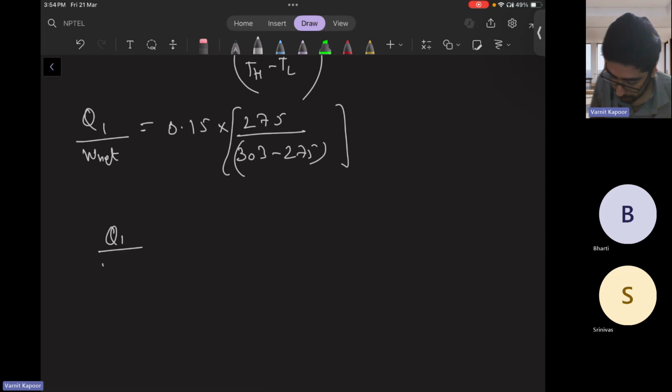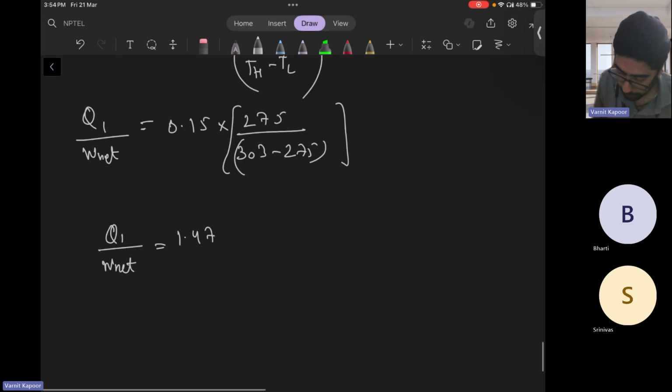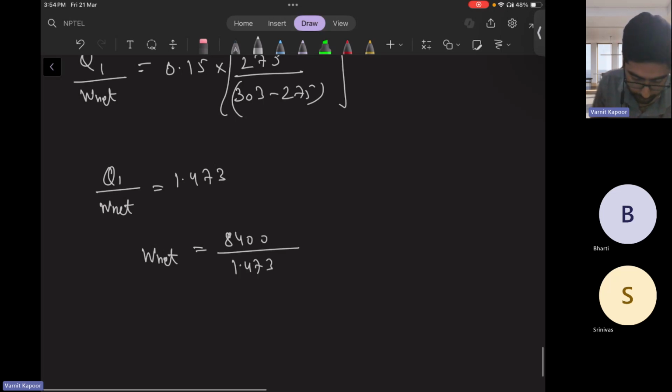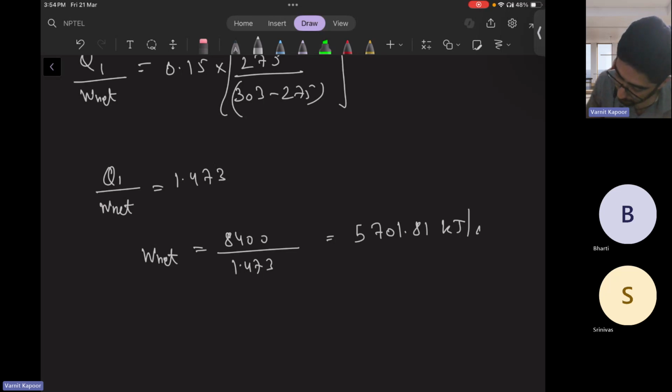So Q1 by work net is 1.473, and work net will come out to be Q1, 8400, by 1.473, that is 5701.81 kilojoules per day of work absorbed by the refrigerator.